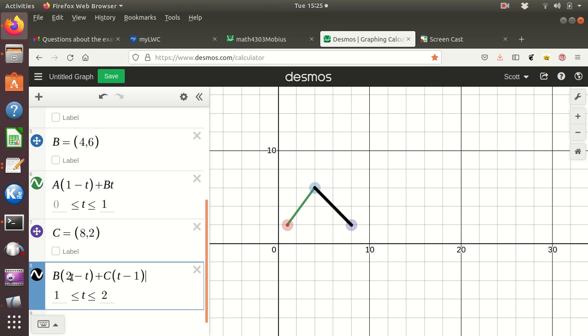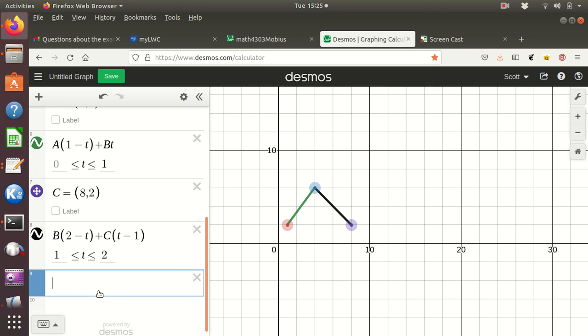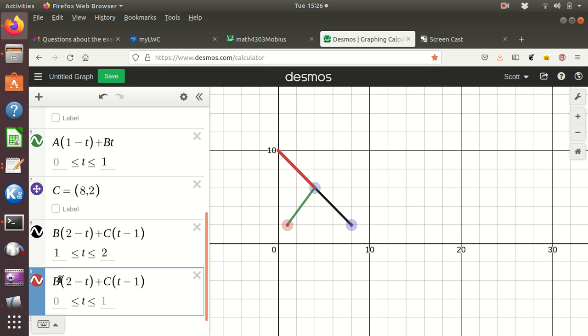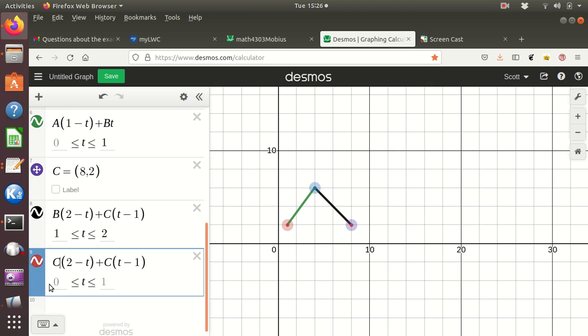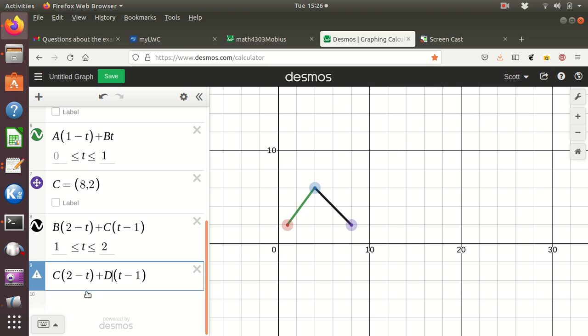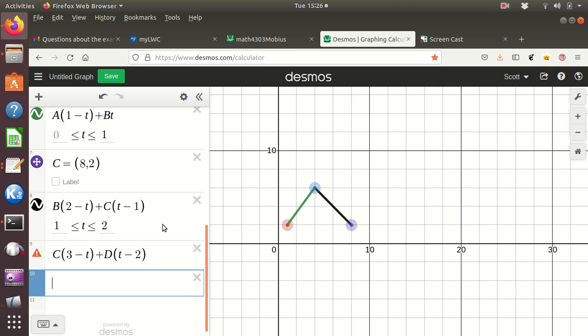I can do that. And actually, if I just kind of follow that pattern, if I need to do another segment, now I don't have a point D, I can put one in, but let me copy this. And suppose I want to go from C to D. It won't like this because it doesn't know what D is. Then what I would do is I would simply go from 3 there and 2 there, and I just need to put in my D. Let's put in D to go to maybe 4, negative 2.